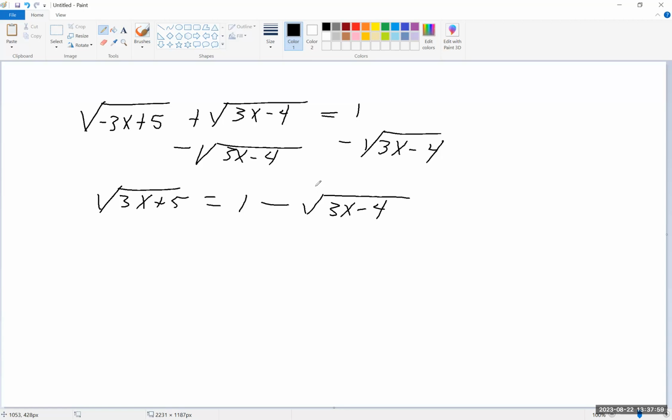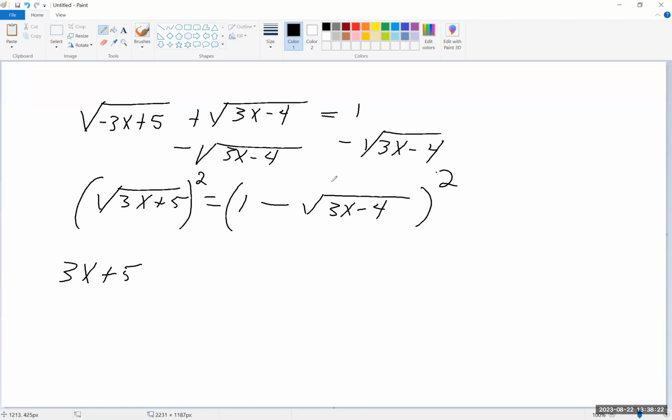Okay. Now what I'm going to do is square both sides. On the left, it's fairly easy because the square root and the square cancel out. So I'm left with 3x plus 5.